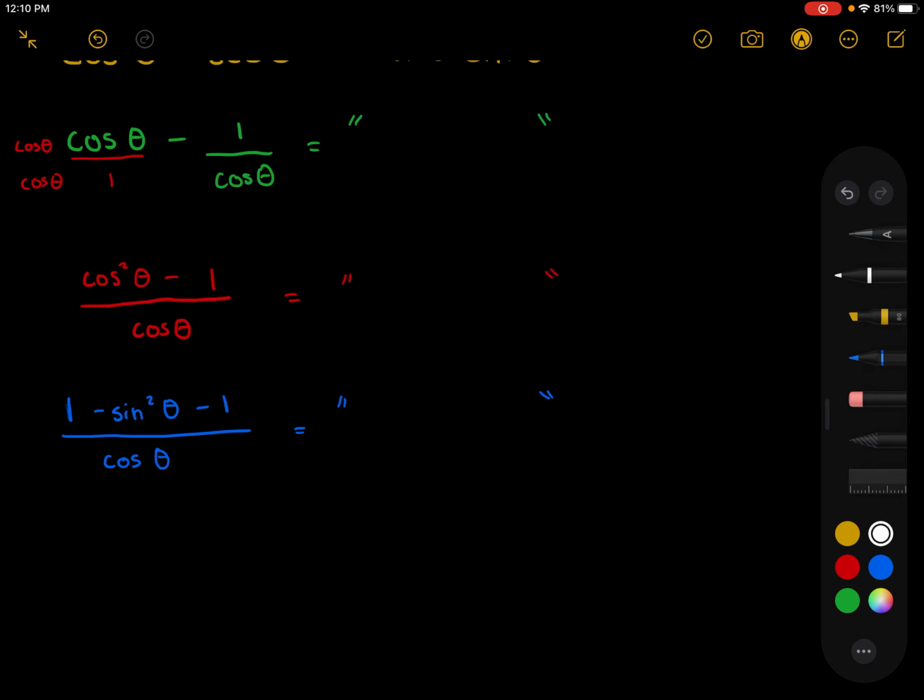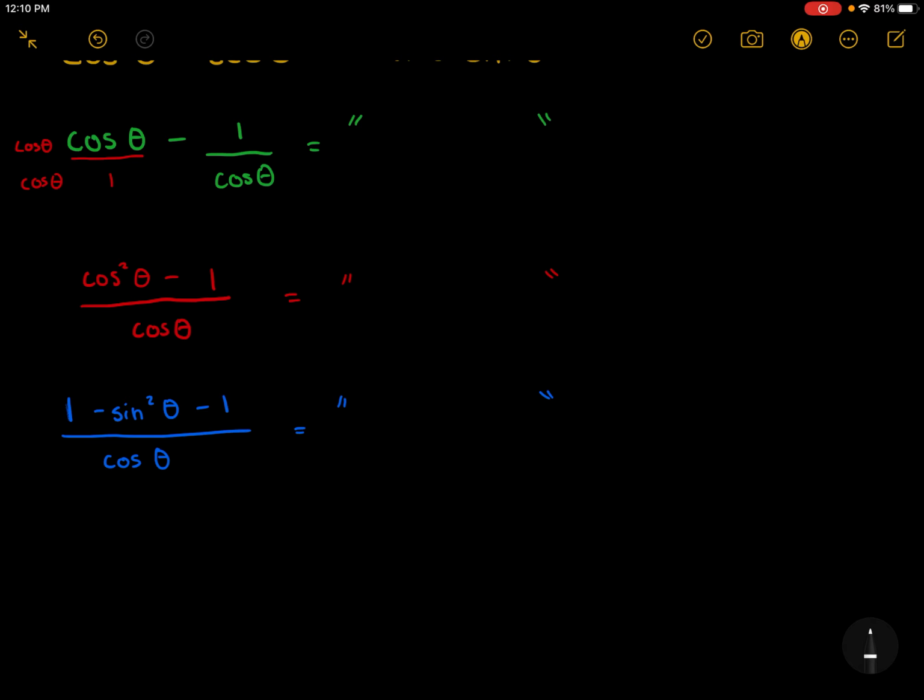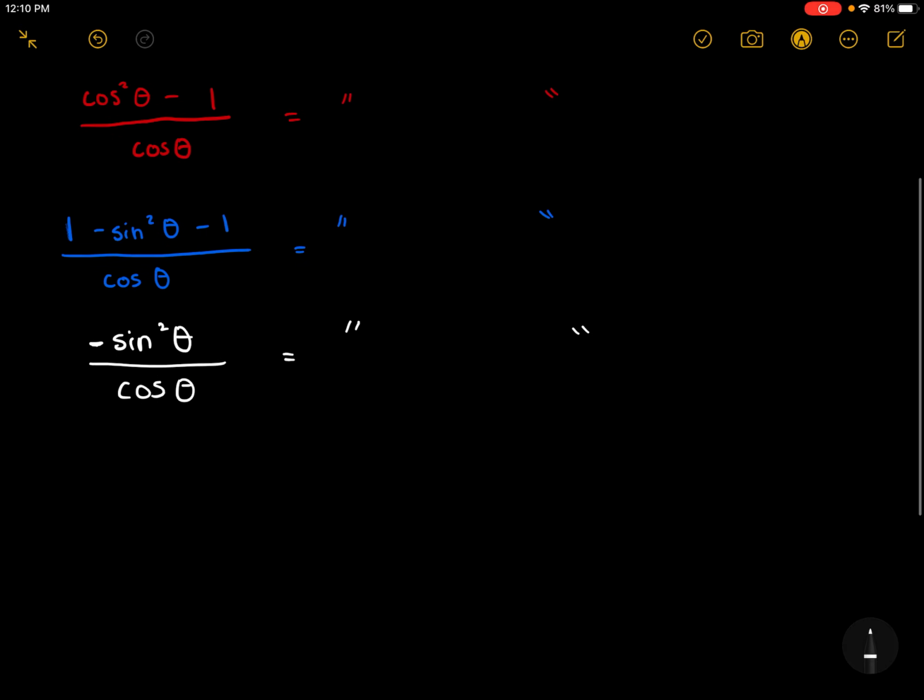And, let's use white. So what's going to happen now is that the 1's cancel. So we get negative sine squared theta over cosine theta, and that still should equal the negative tangent theta sine theta.